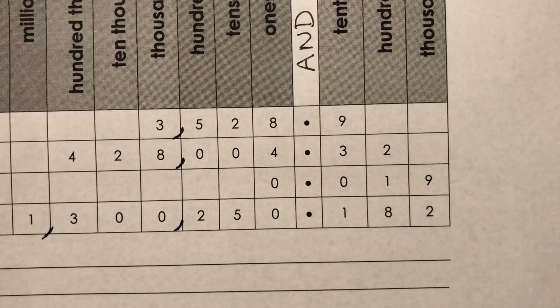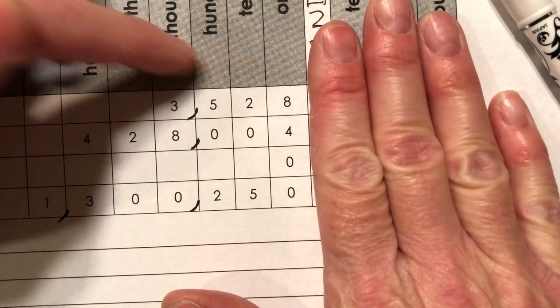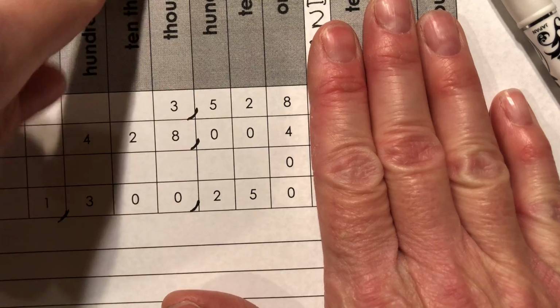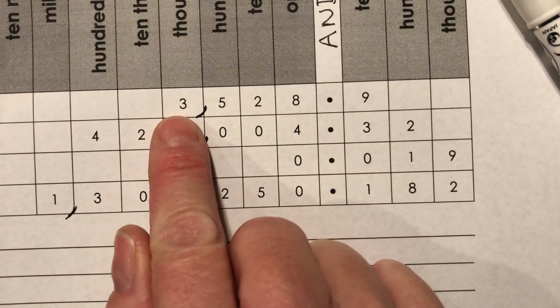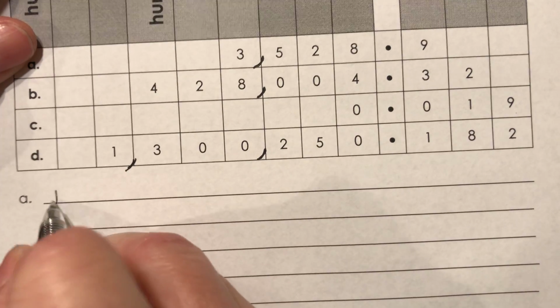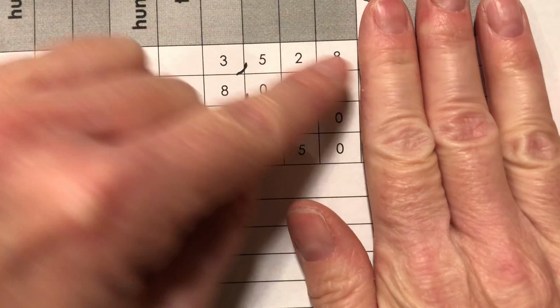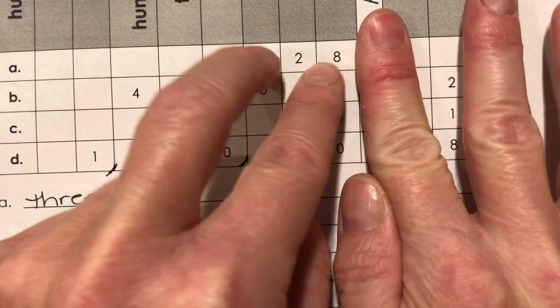You won't see that. All right, so for letter A, first off, we're going to do this side just like we've been doing, right? So you just look at the chunk, see where the number ends, and that's the place that it's in. So the first chunk in front of the comma, I just see 3. So on the line we can write 3, and then put our comma. And now, instead of having another comma here, we have a decimal point. That's going to separate this next chunk.